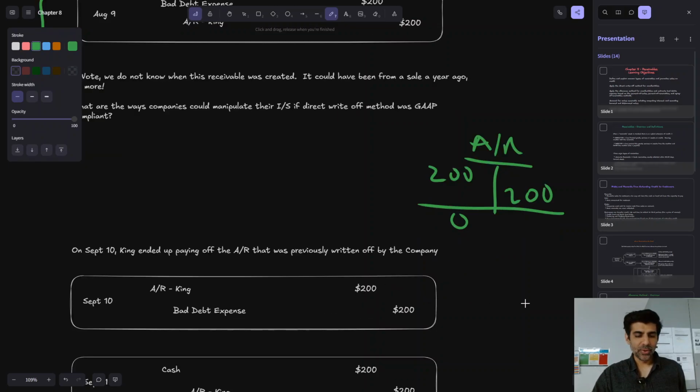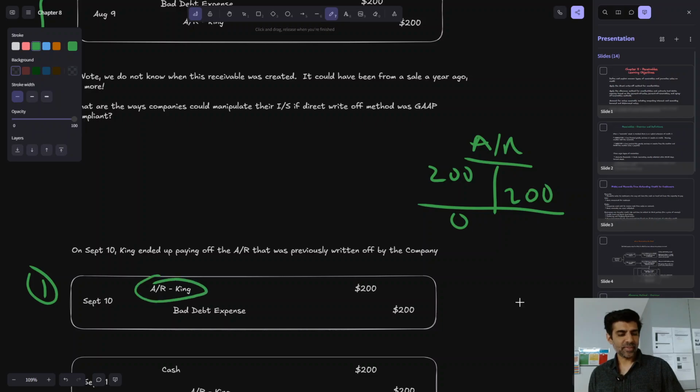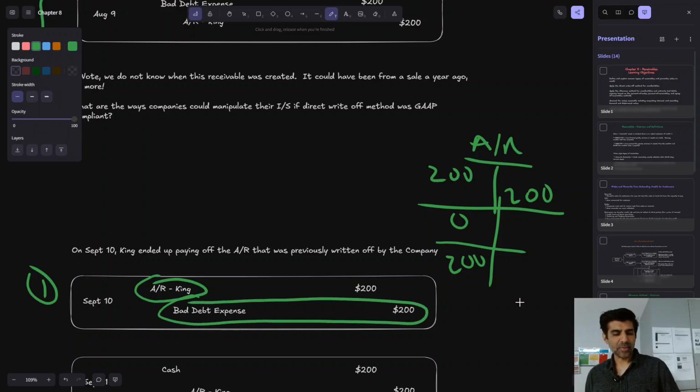So what we're going to do is first reverse what we did. You can see here we're restating the account receivable. We're going to debit this again, 200, and we're going to credit this expense account. We're just undoing it essentially. Now there could be a problem in that this happens in a different accounting period than the expense, and we end up with a bad debt expense credit balance.